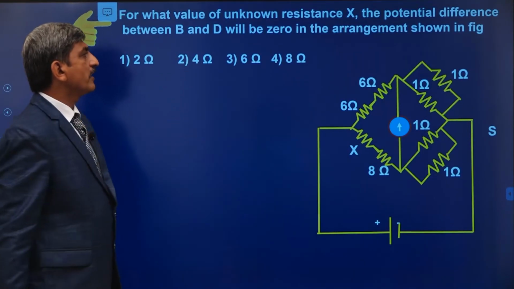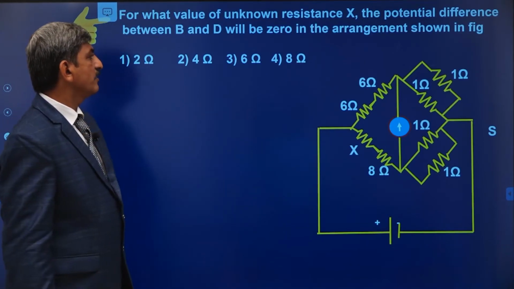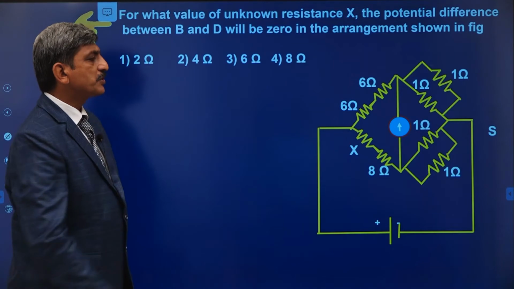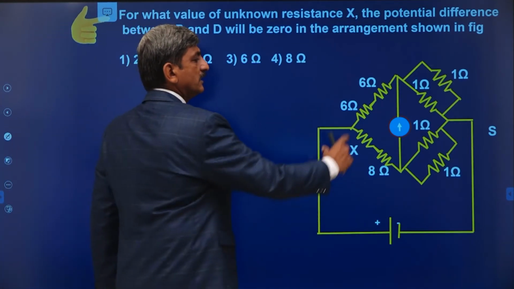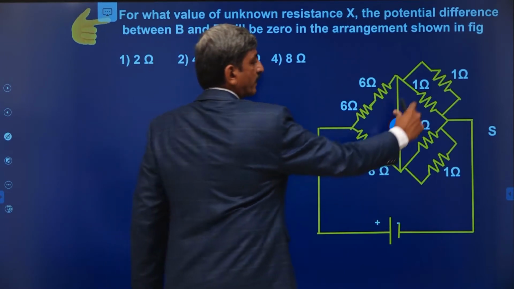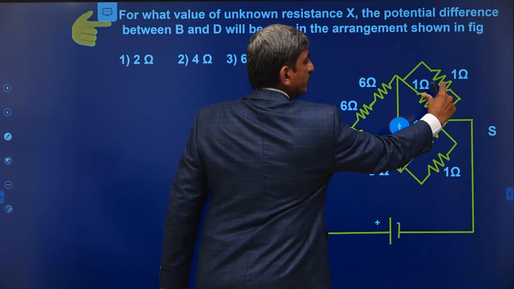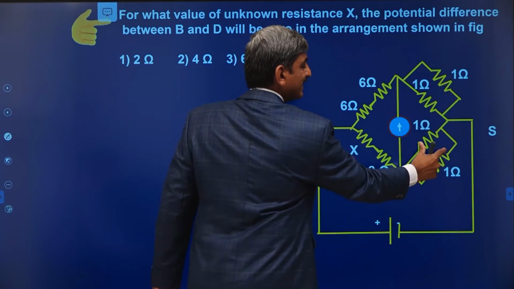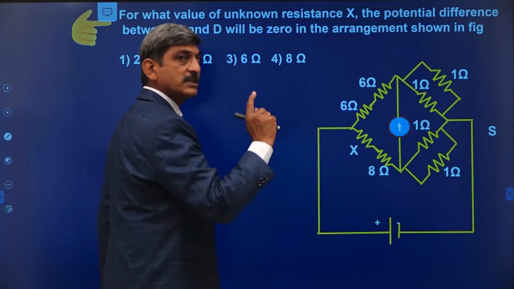For what value of unknown resistance X will the potential difference between B and D be 0 in the arrangement shown in the figure? See here, a Wheatstone bridge is given. In one arm, 2 resistors are in series combination. In this arm, 2 resistors are in parallel. In this also 2 resistors are in parallel, and here 2 resistors are in series combination.